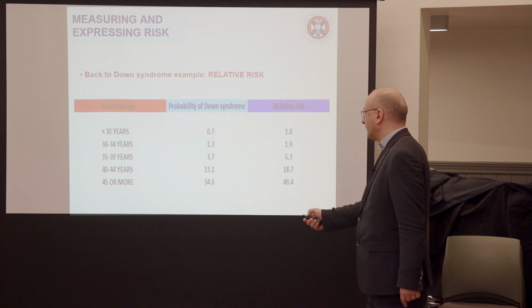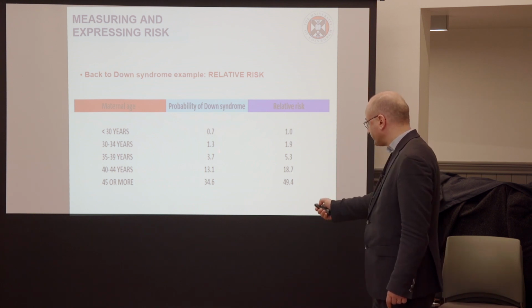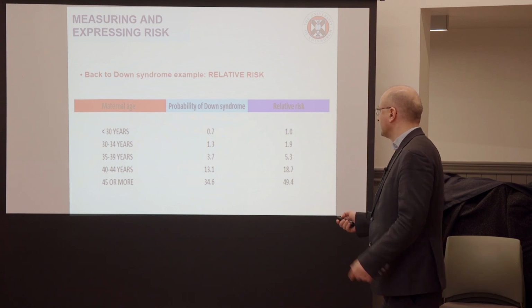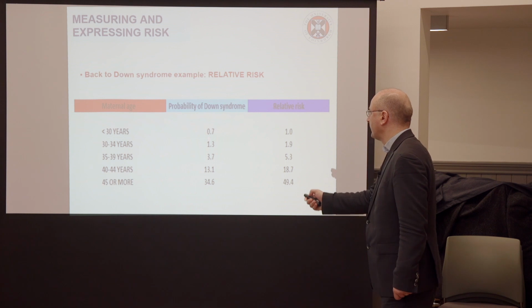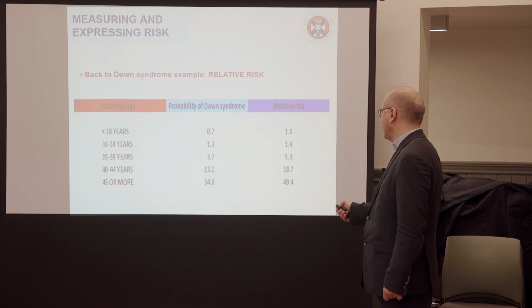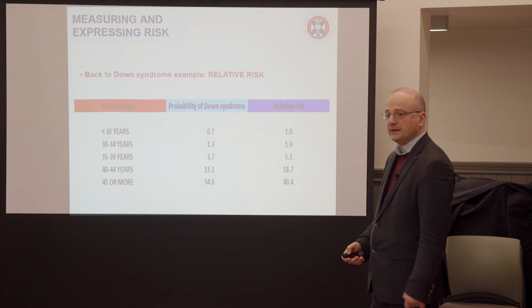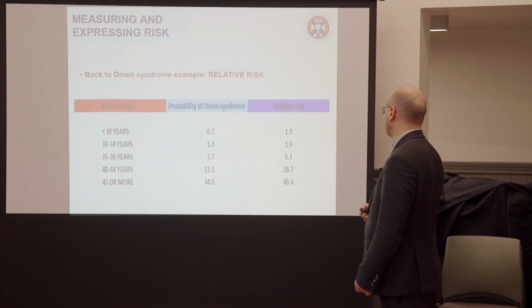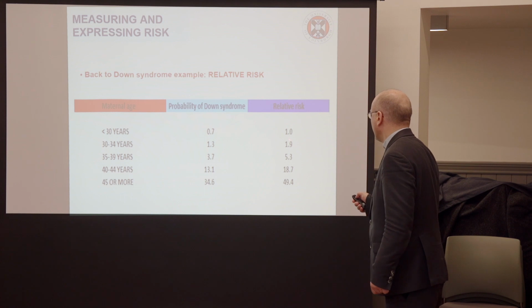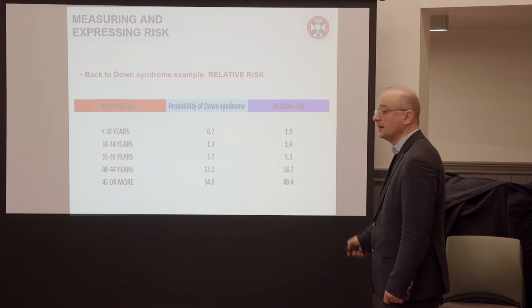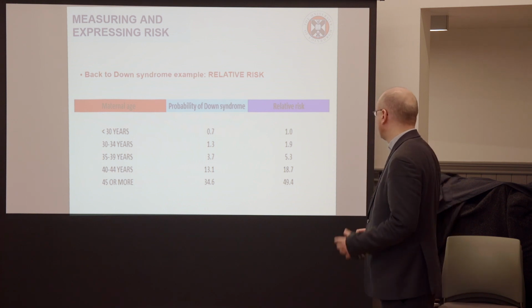But let's say that now you have ladies who are older and older, and they now want to know their relative risk in comparison to this youngest age group, and look at how many times more likely they are to have a child with Down syndrome. 1.9 times, 5.3 times, 18.7 times, and 49.4 times.